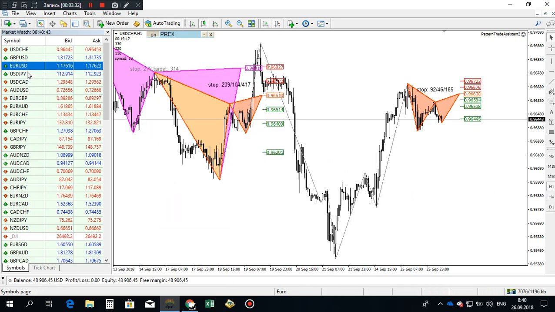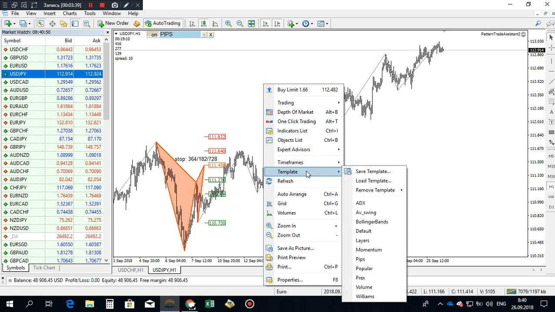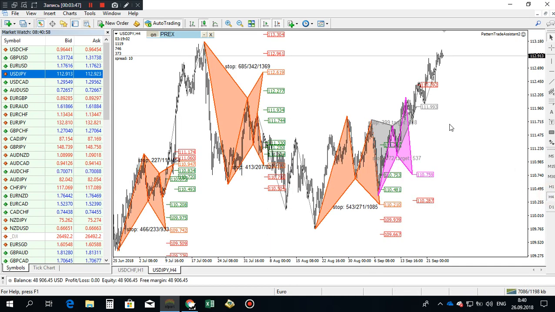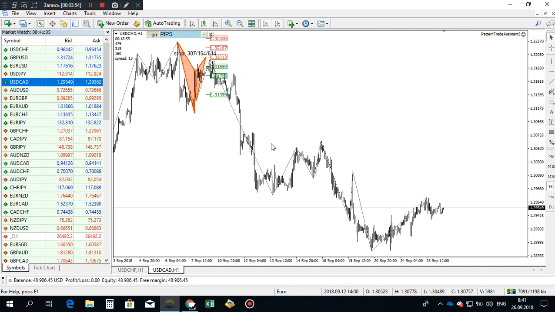Then what else? What other pair? Oh, let me check them all. I'll just go here. Template is Forex. Okay, on dollar yen we have nothing, and on 4 hour we have nothing. Nice. Let's go to dollar Canadian.